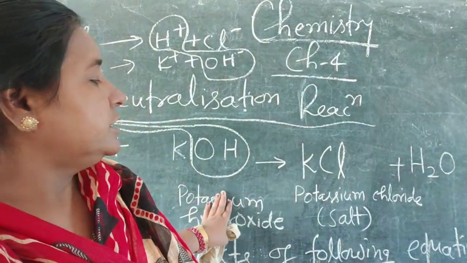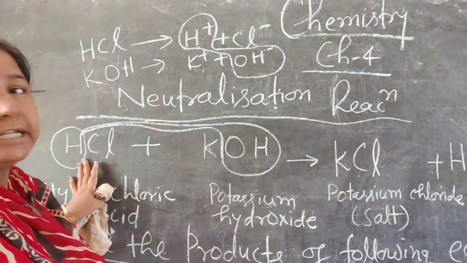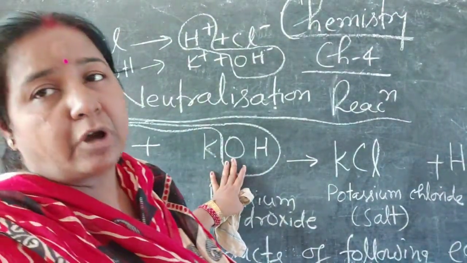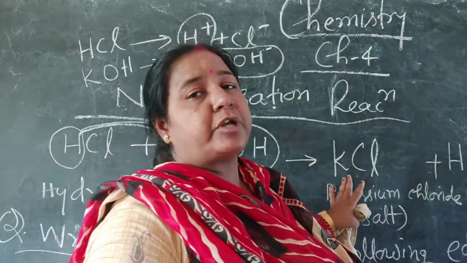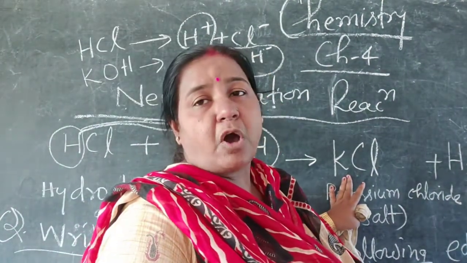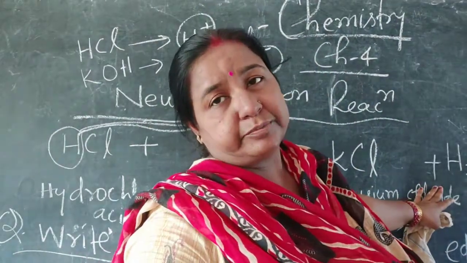Now this reaction is between what? Hydrochloric acid and potassium hydroxide. And here we see that potassium chloride is formed, which is the salt, and water is formed.